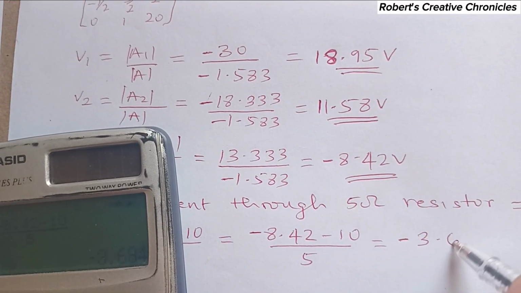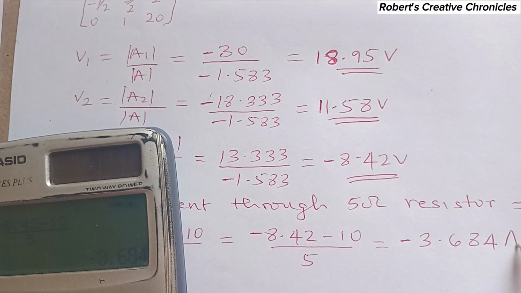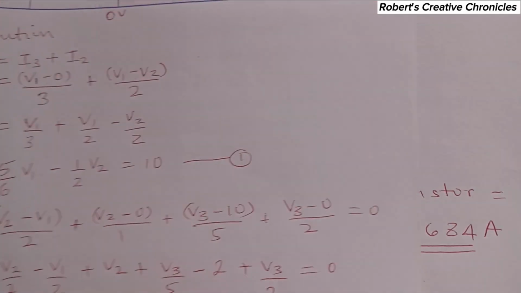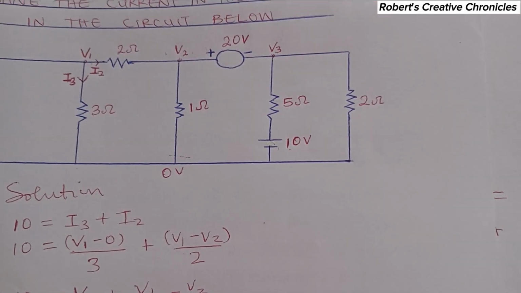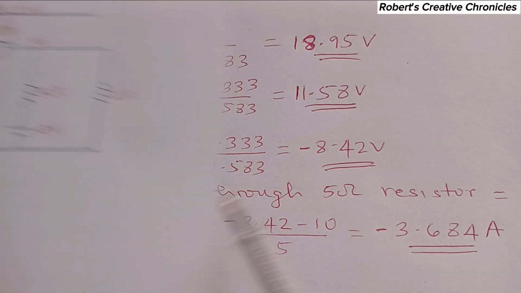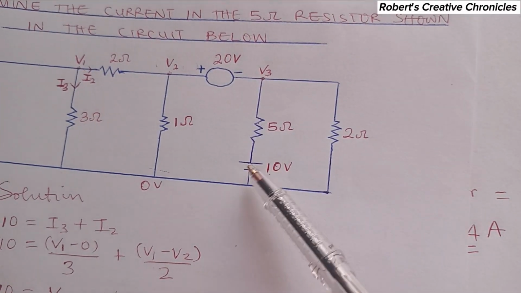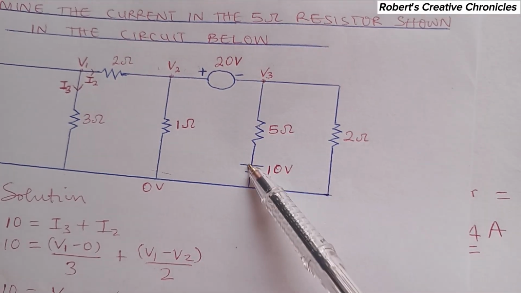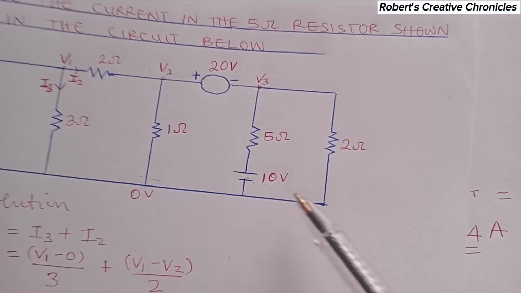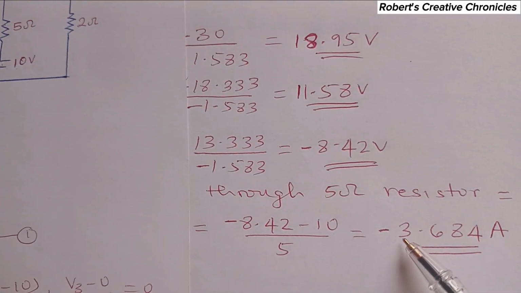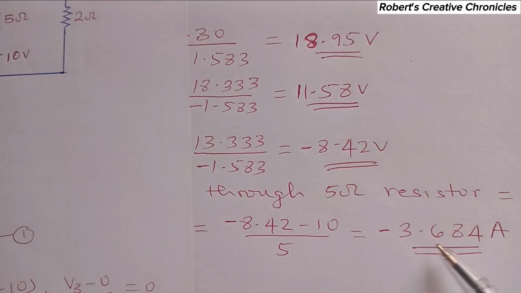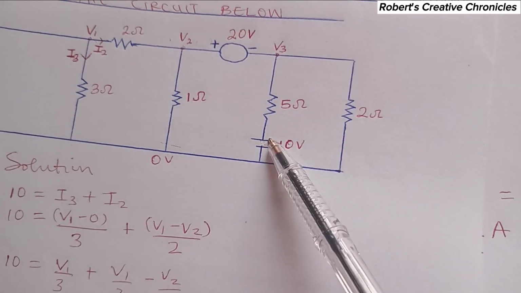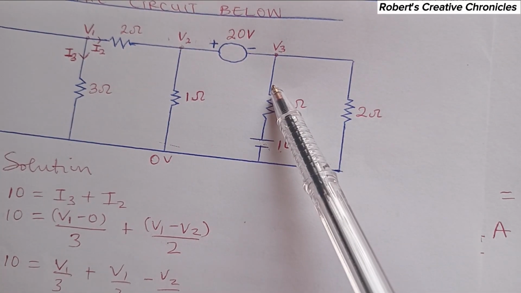Negative 3.684 amperes. So what this means is that by this formula, we assumed that current flows from V3 to 10, from this node V3 downwards. Since the current has given us a negative value, that means current does not flow from V3 to here, instead it flows in the reverse direction.